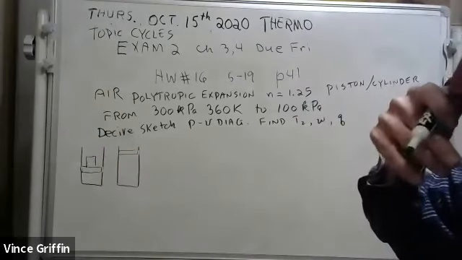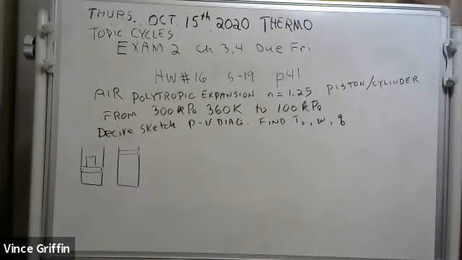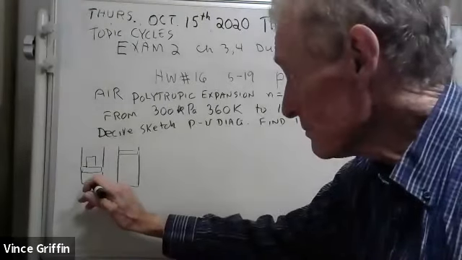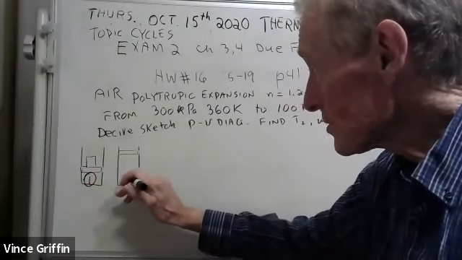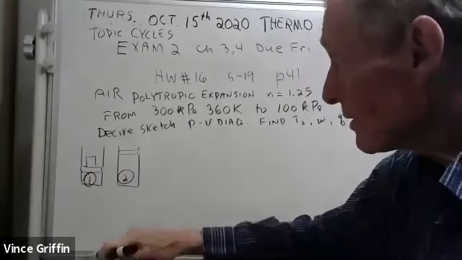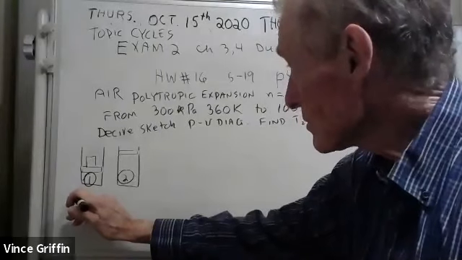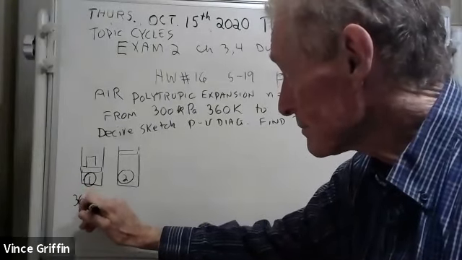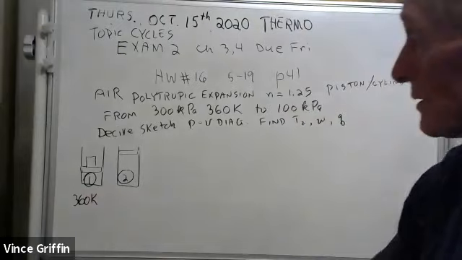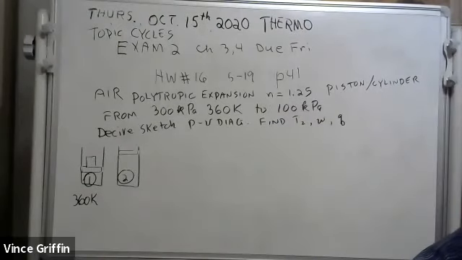There you go. And right now it's state 1. This is state 2, and we have air in there. And the temperature here is 360 K. And the temperature here, well, we don't know.